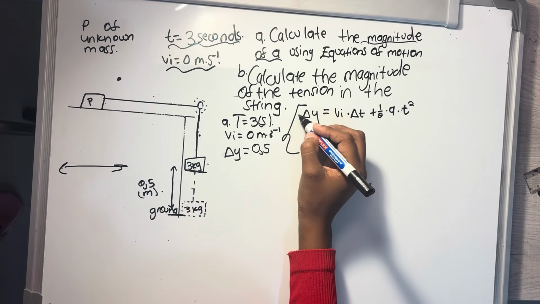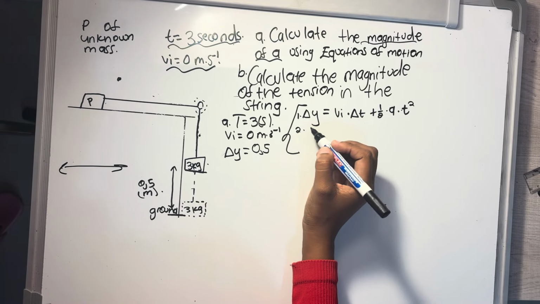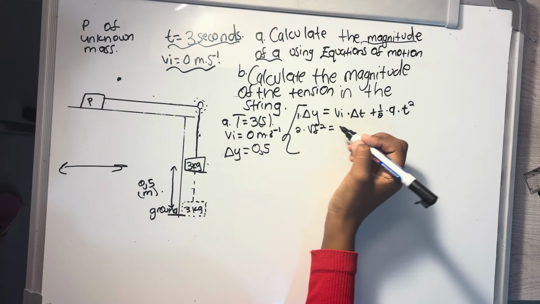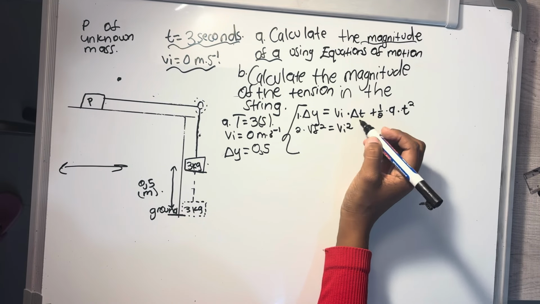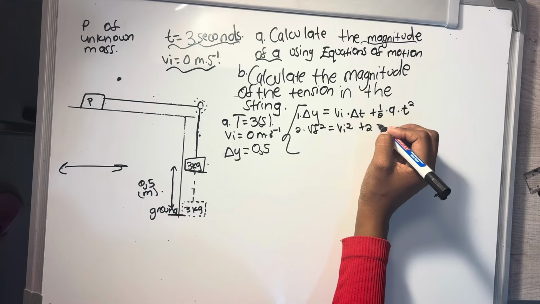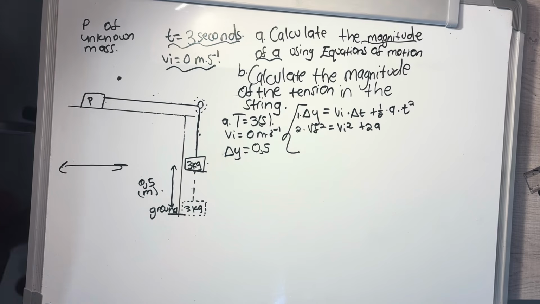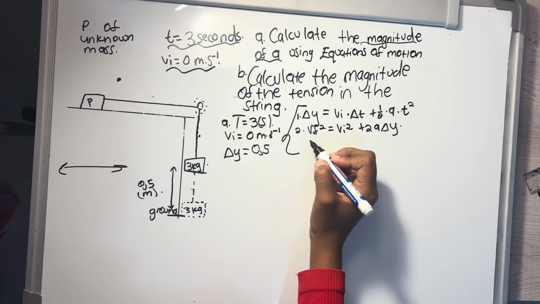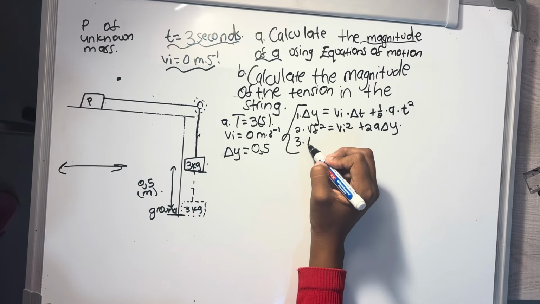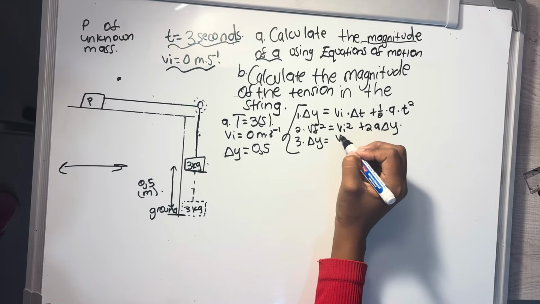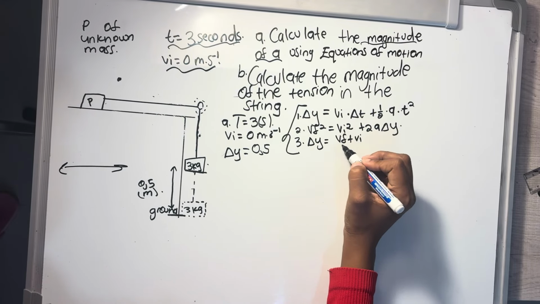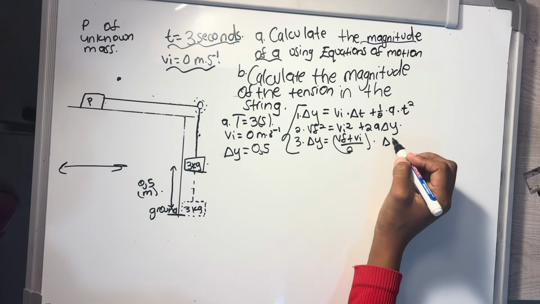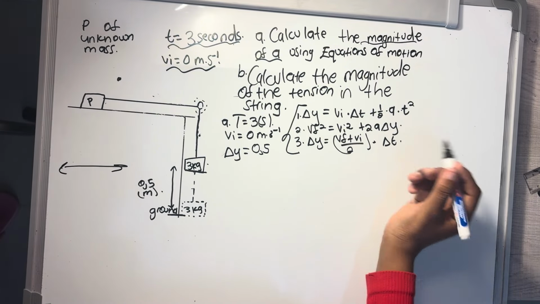Note these down if you don't have them. This is the first one. For the second one, we have vf squared equals vi squared plus 2a change in y, right? And for the third one, we have change in y equals vf plus vi, all divided by 2, multiplied by change in t, right?